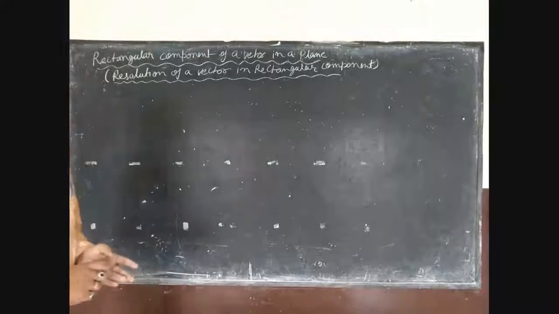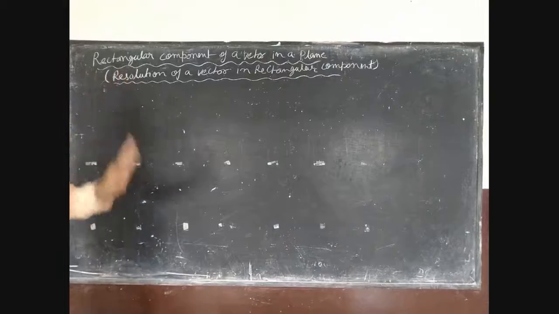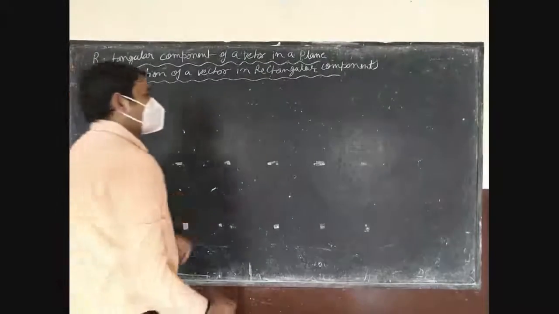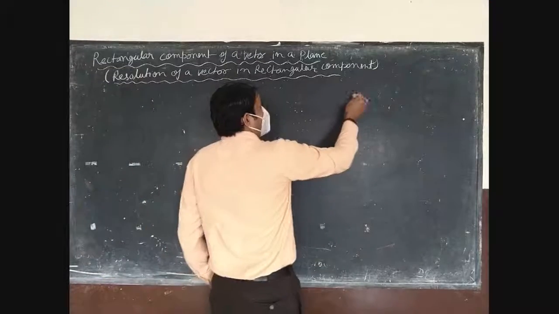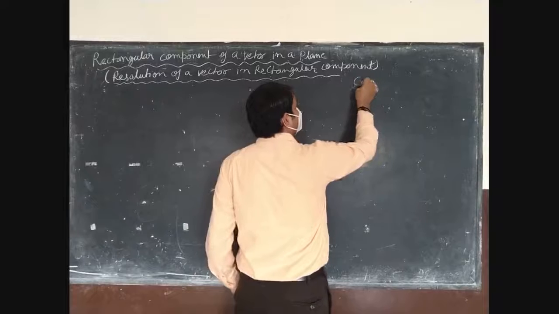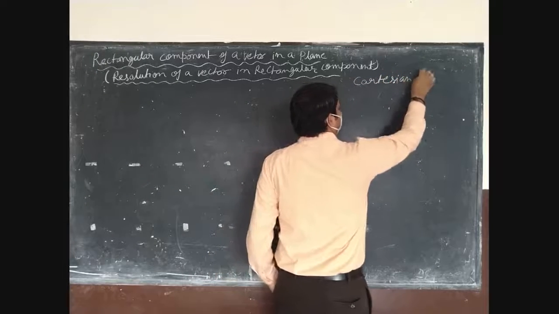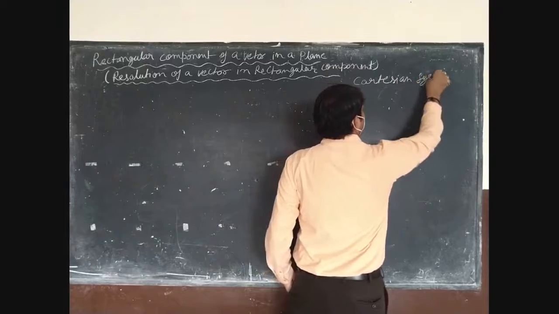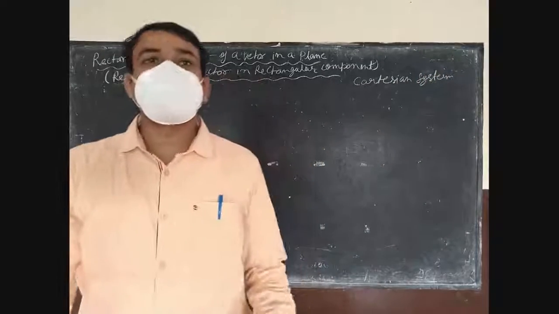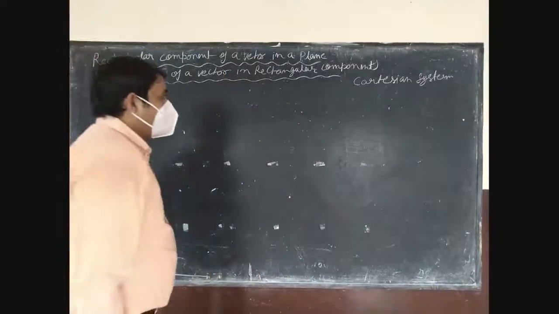Okay. Now the next topic is the rectangular component of a vector in a plane. First we understand about the plane. We have a Cartesian system to locate or represent the position of a particle.